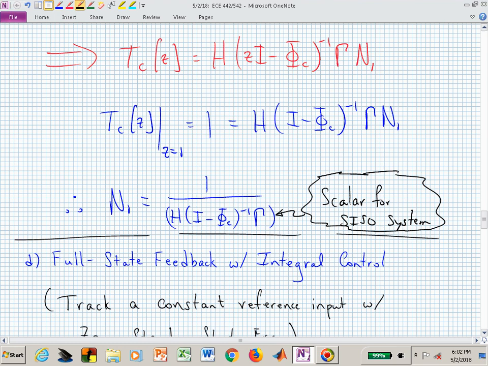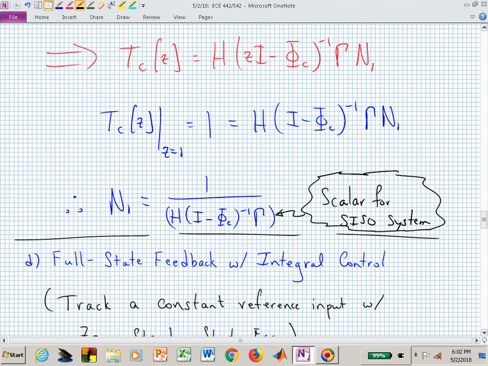We can't do that because now this is possibly a matrix. If that inverse was a scalar, you could plop it up there, but now it's actually a matrix, and so we can't be as cavalier with our shuffling of matrix operations. We now have to perform this I minus phi sub C inverse on whatever matrix dimension we have. It's 5 by 5, it's 2 by 2.